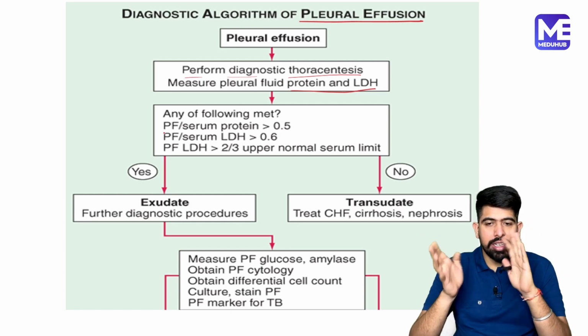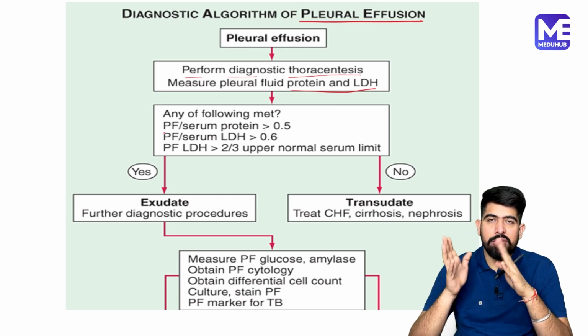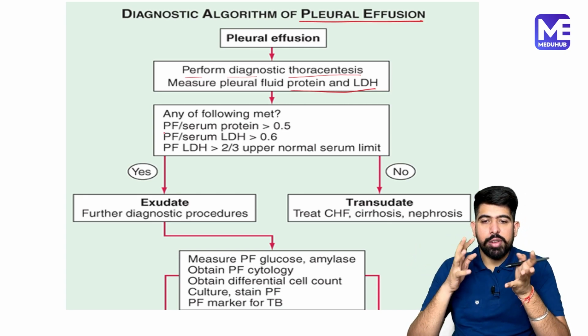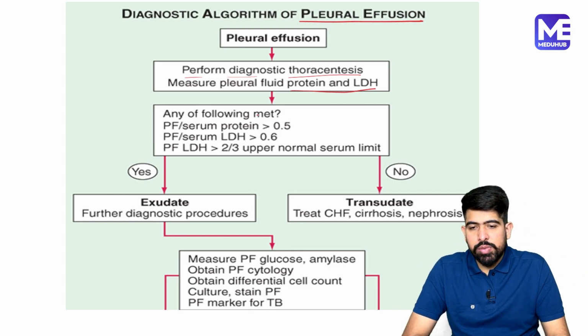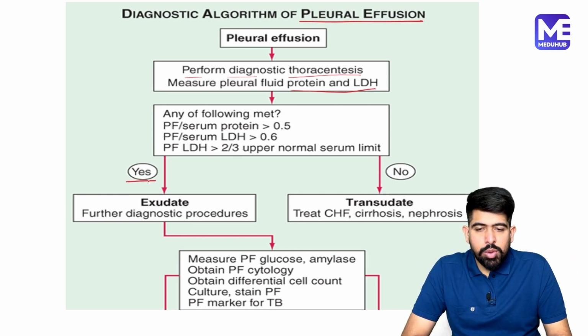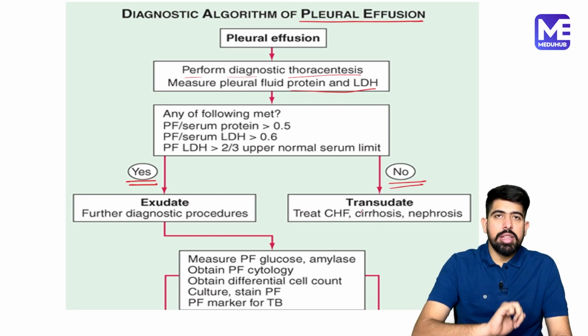As we already talked about the criteria, if the protein ratio is more than 0.5, it will be suggestive of exudative, less than that it will be transudative, right? So if there is more protein and more LDH, it will be exudative. If it is less than the criteria, it will be transudative.